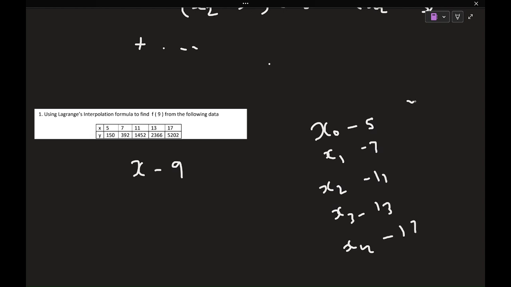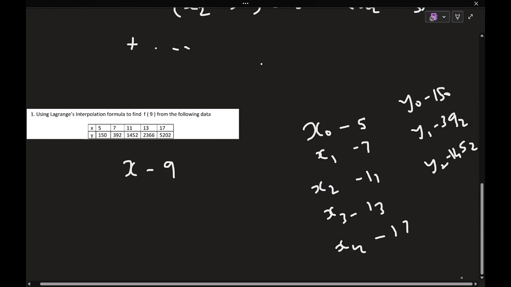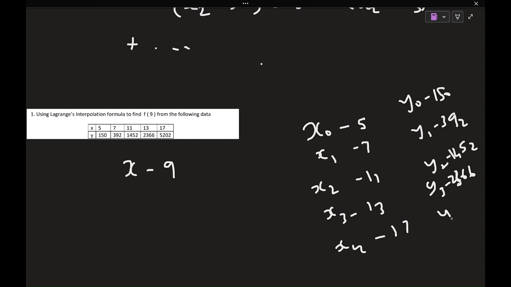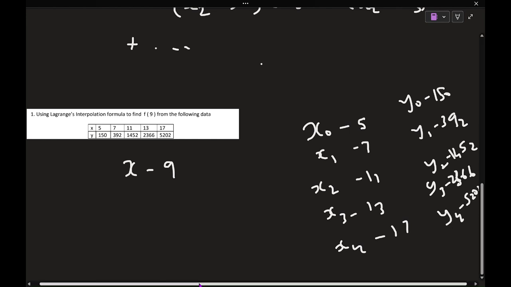In the same way, y0 is 150, y1 is 392, y2 is 1452, y3 is 2366, y4 is 5202. So now I have all this.